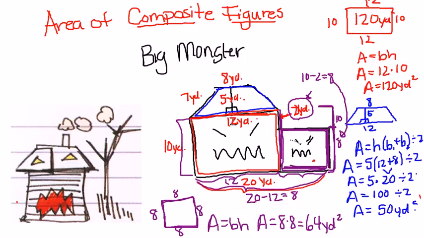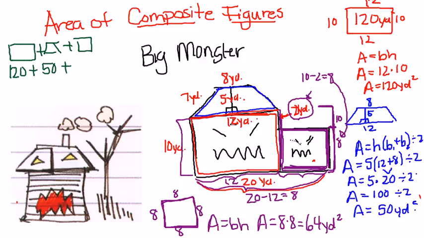So now I have all three of my figures. I'm going to add them up. I'm going to do that over here in green, so that you can see what they all are added up together. I have a rectangle plus a trapezoid plus the square. The rectangle was 120. The trapezoid was 50.